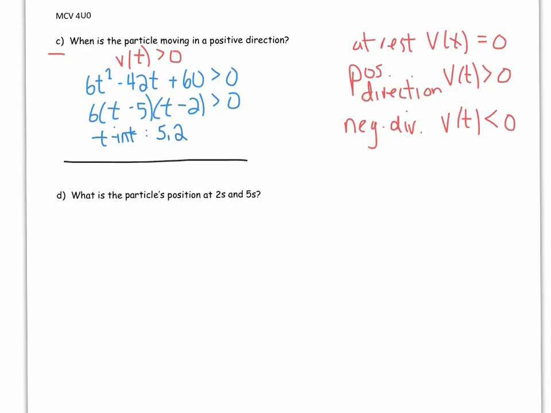We're going to have our options when t is less than 2, between 2 and 5, and greater than 5. Okay, we'll go ahead and plug some numbers in. So if we plug in a number like 1 in here, we can clearly see that we're going to get something positive.